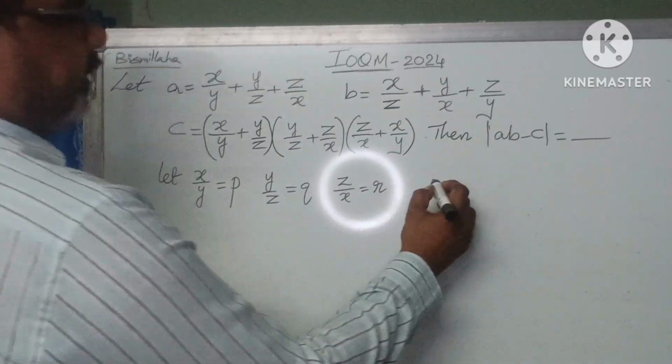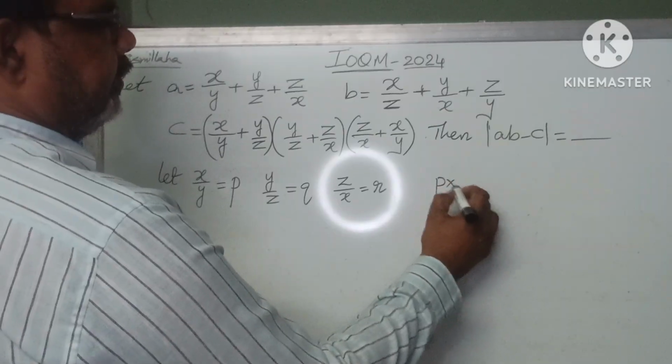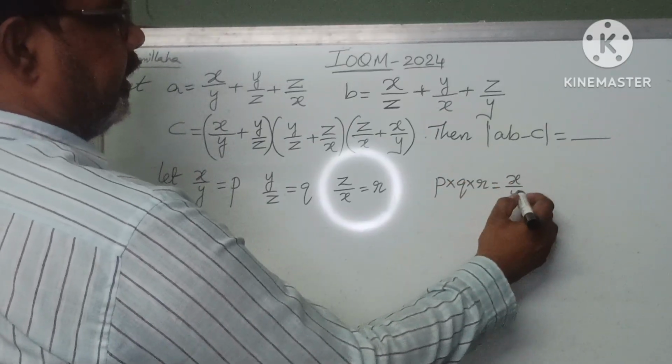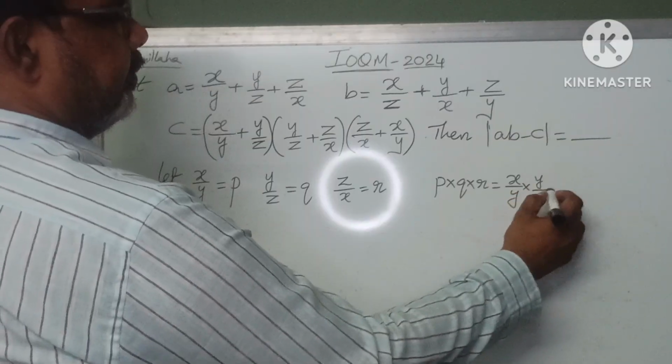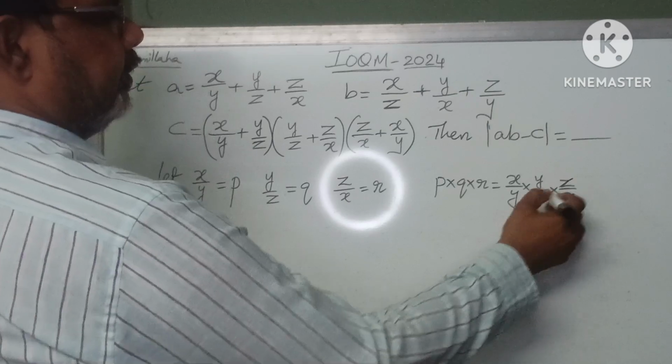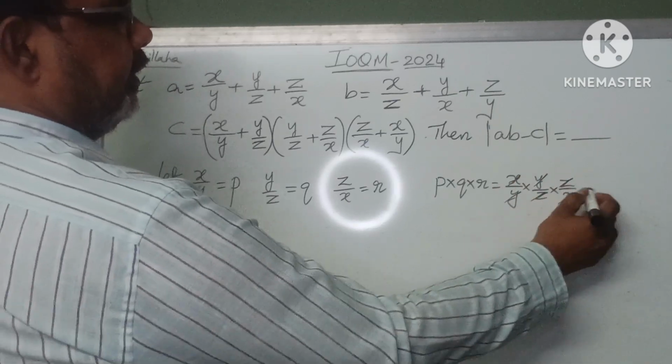So if you multiply p into q into r, here you will get x by y into y by z into z by x. So here the values will get cancelled. Here you will get 1.